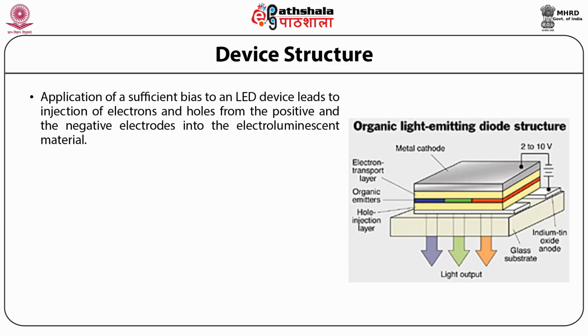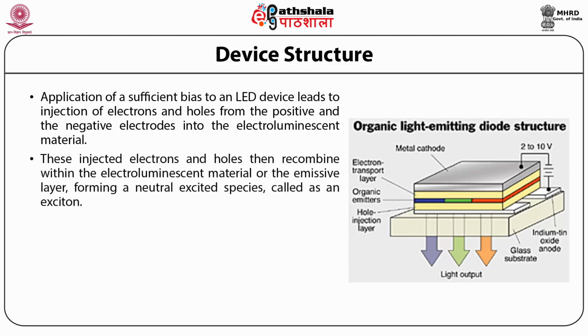As is evident from the figure, when a sufficient bias is applied to an LED device, electrons and holes are injected respectively from the negative and positive electrodes into the electroluminescent material.